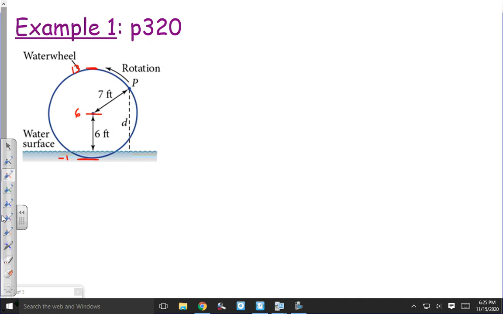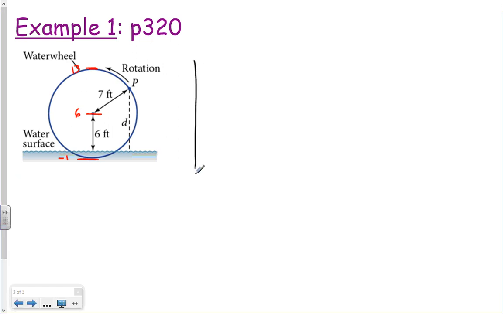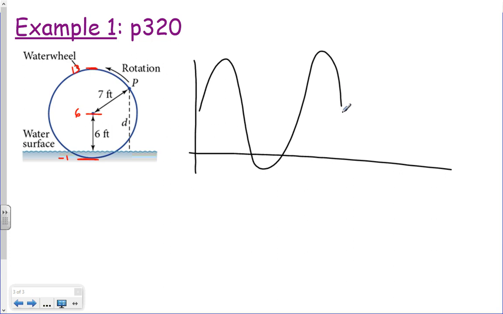So let's see if we can sketch this. I'll sketch it right next to it here. That will give us a nice sketch of what this looks like. It does something like this.